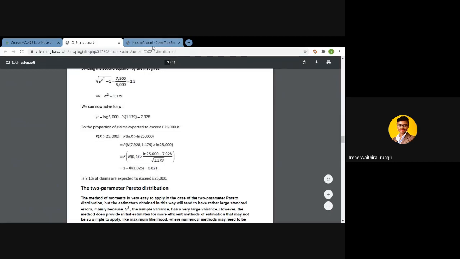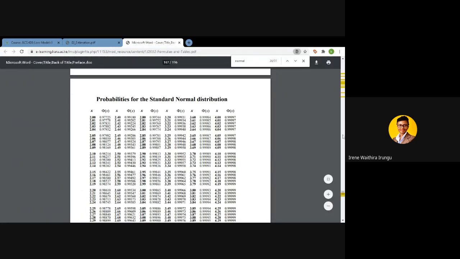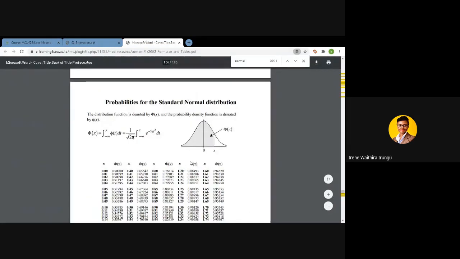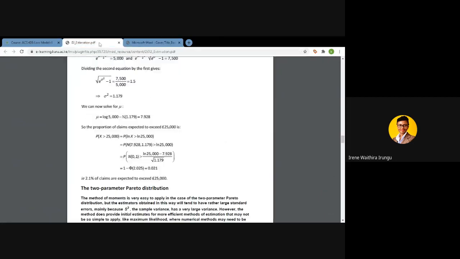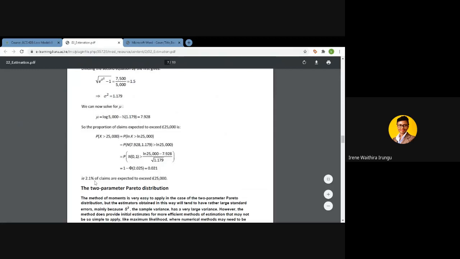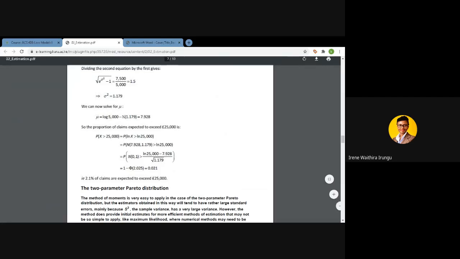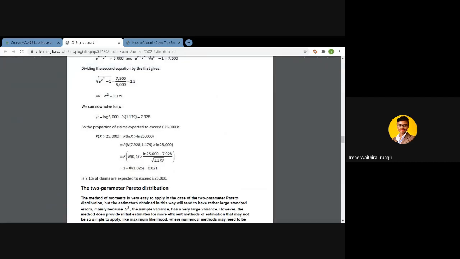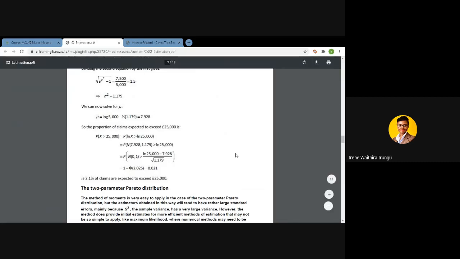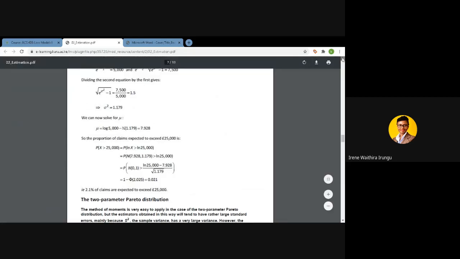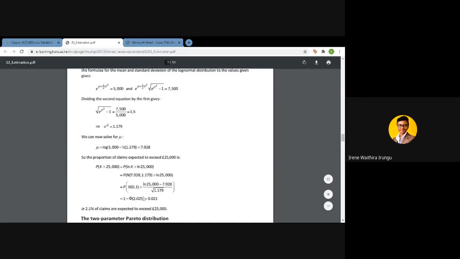Ensure that for whatever tables you're using, you always examine what the figures within the tables represent, and it will always be guided by the chart provided at the start of the table. So we can now clearly see that in this case, 2.1% of the claims exceeded the amount of 25,000. This is again using the method of moments to estimate the probability. We have used the method of moments to estimate these parameters, which have helped us solve for this probability.